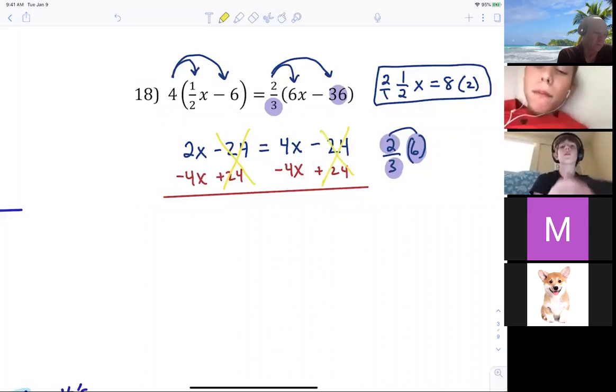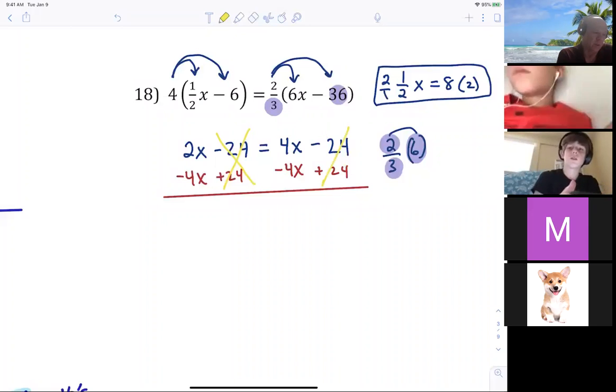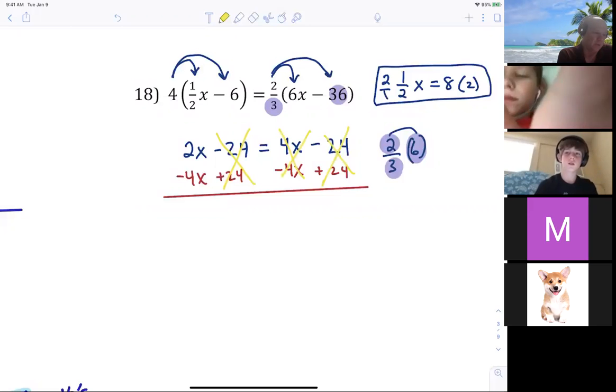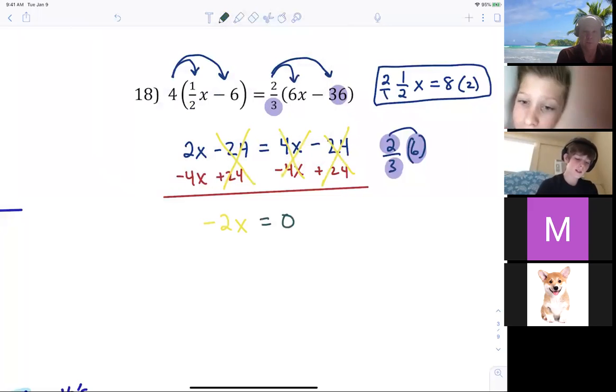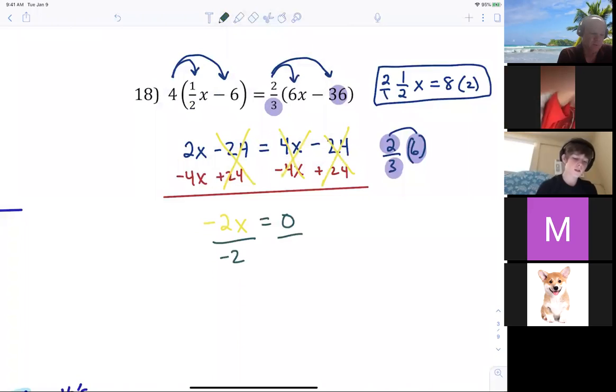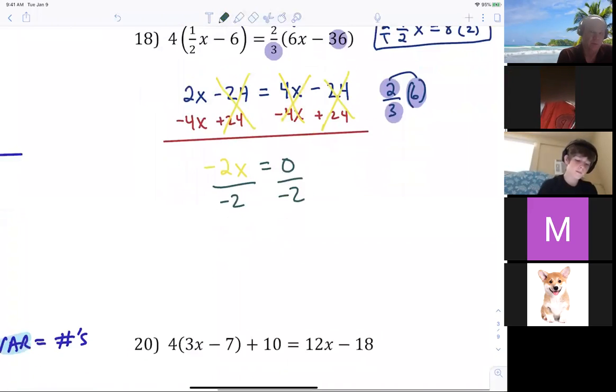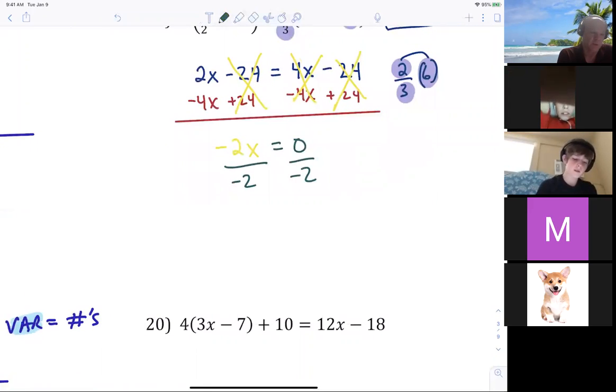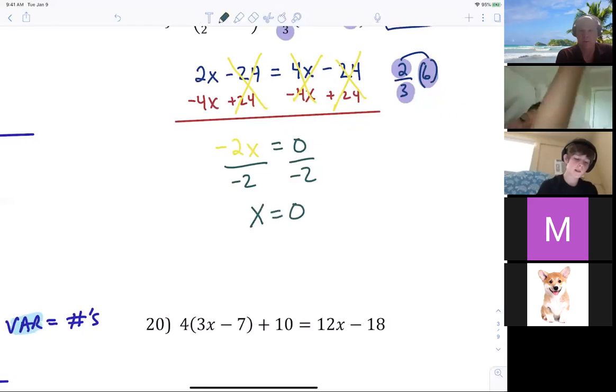Now, everything canceled out here. So in this case, it just became negative 2x is equal to 0. And then we divide both sides by negative 2. And 0 divided by anything is always 0. So x equals 0. Anybody have any issues with that?